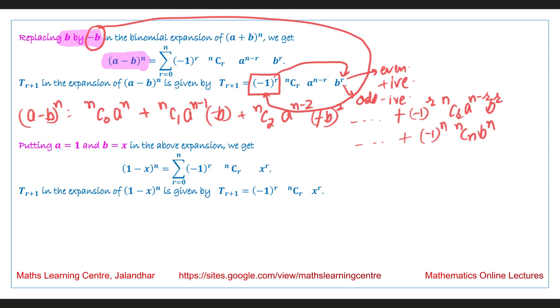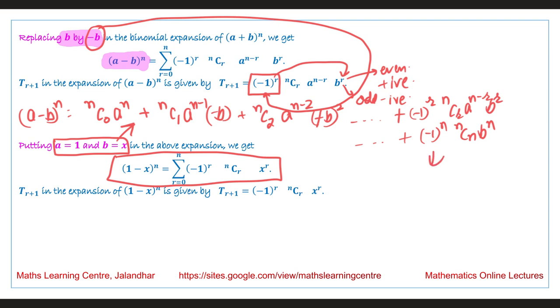Next, in the binomial expansion we are substituting a is equal to 1 and b is equal to minus x, and we will obtain the expansion in this form.